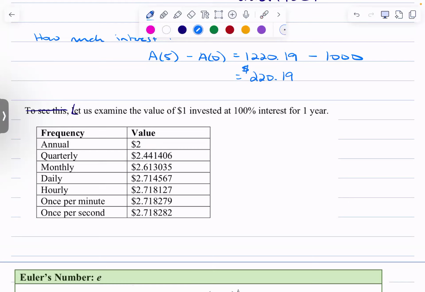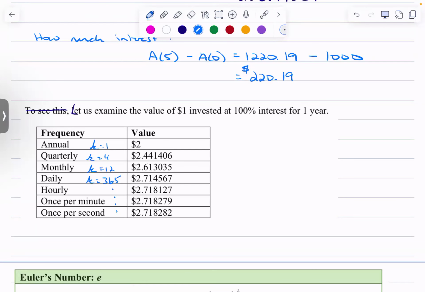What we're saying really is we're compounding k equals 1, k equals 4 times, k equals 12, k equals 365, k equals, I don't know, hourly, once per minute, once per second. I give up. Dot, dot, dot.